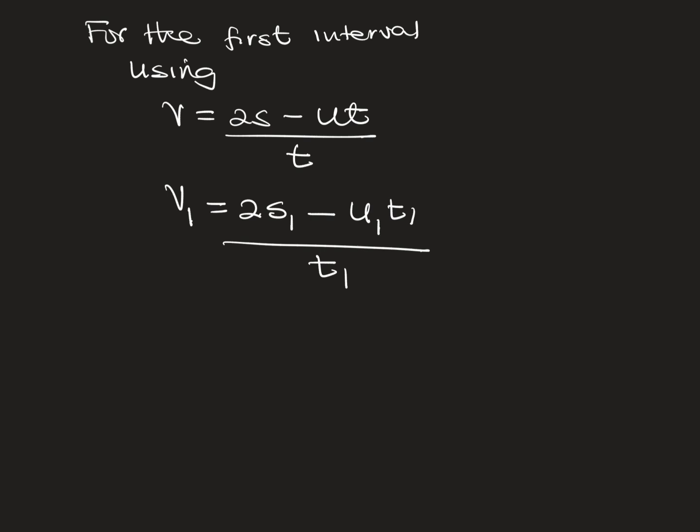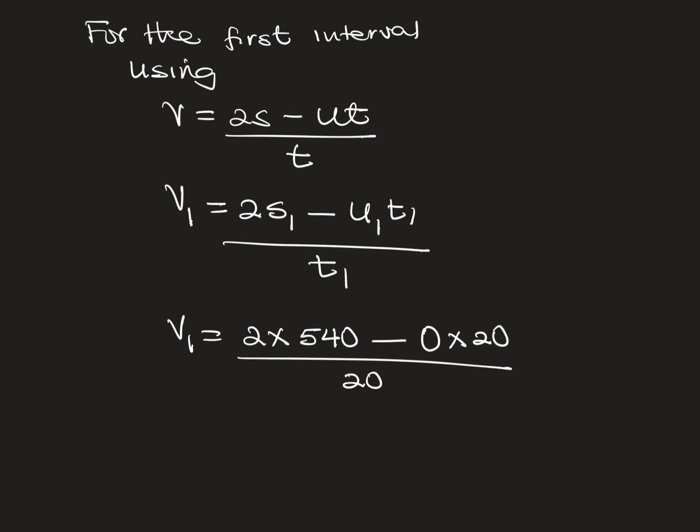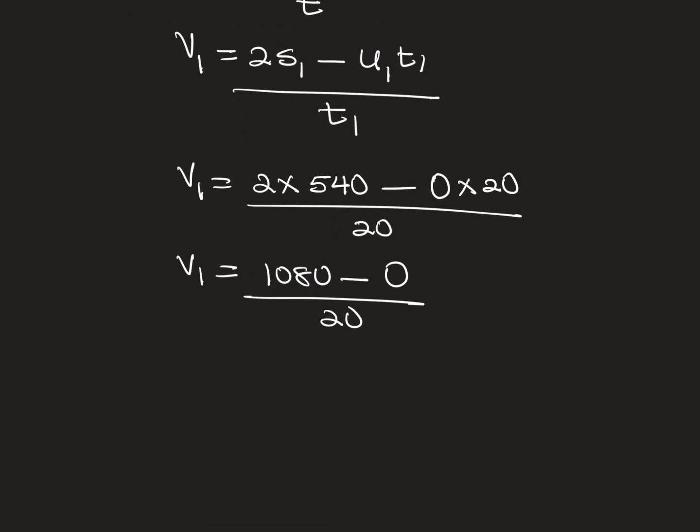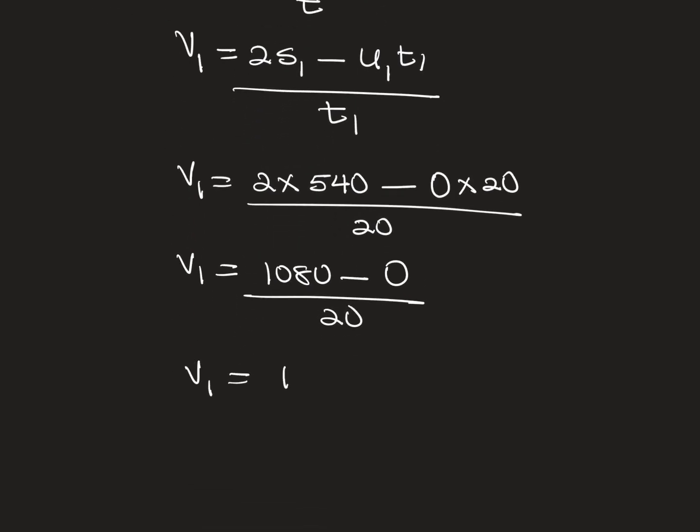So V1 is equal to 2 times the distance covered in the first interval, 540, minus the initial velocity, which is 0 because the body started from rest, multiplied by the time, 20 seconds, all over 20. So V1 is equal to 2 times 540, that gives 1080, minus 0 times 20, which is 0, divided by 20. So V1 is equal to 1080 divided by 20.